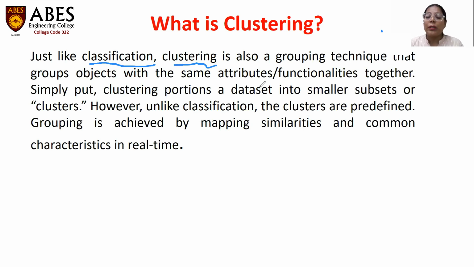But then what is the difference? The difference is that in case of classification, as I told you, we determine the classes previously. We know the class on a prior basis. And after that, we classify the objects or data into those particular classes. Whereas in case of clustering, we don't have prior information.